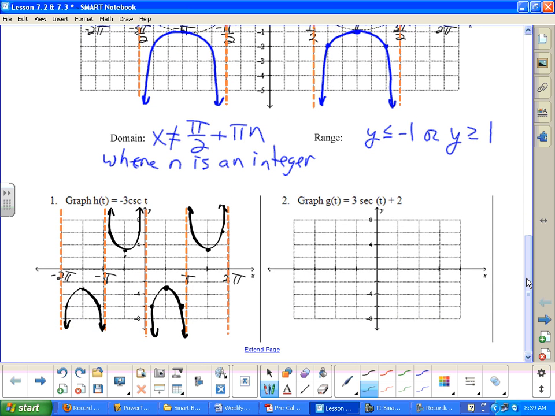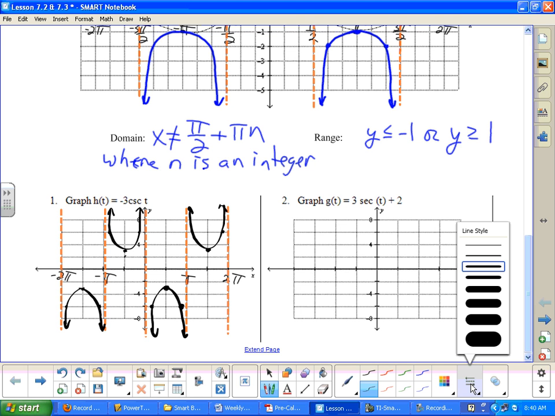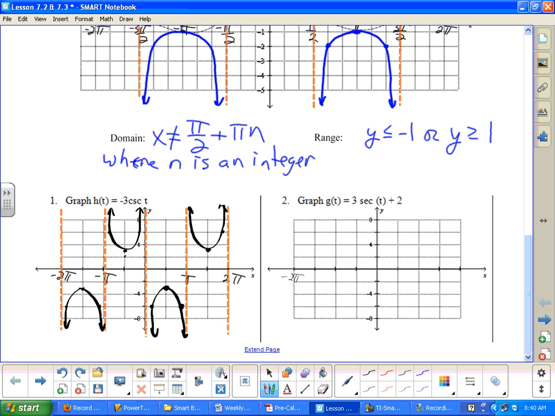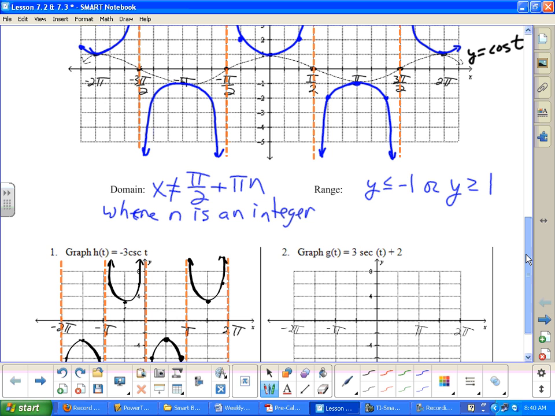So we'll set it up first of all. So I put my scale on here again. I'm just going to do the pi's, right? Because we know the in between them is the pi over 2's. Now by vertically stretching this and shifting it up, is it going to change where the asymptotes are?